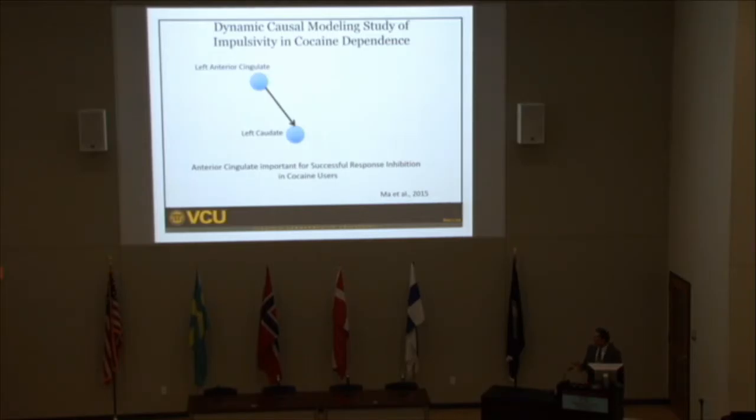What we found was that during the hard no-go task, when the cocaine users were able to effectively inhibit a response, that reduced the effective connectivity between the anterior cingulate and the caudate. There was no such effect in healthy controls, showing there's something different going on in the brain circuitry during successful no-go responses in the cocaine users. It also showed that the anterior cingulate was important for the successful inhibition.